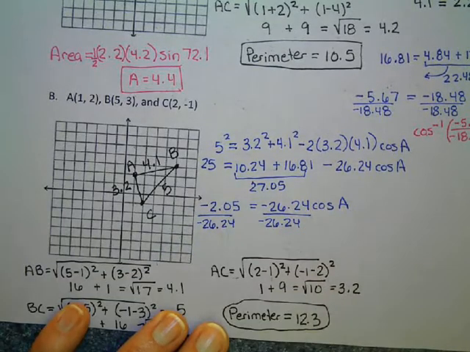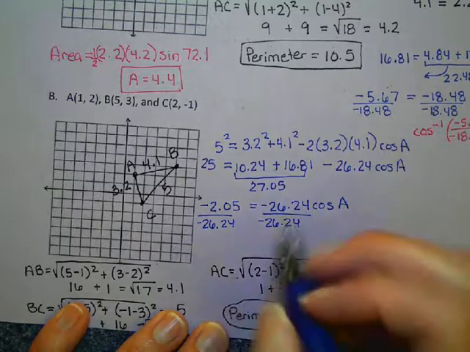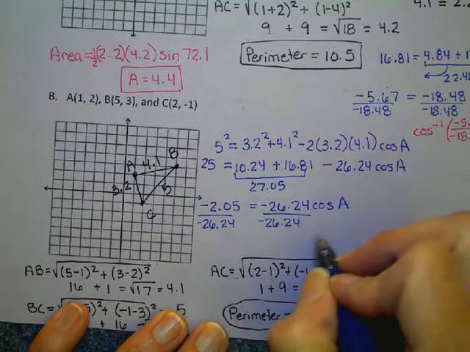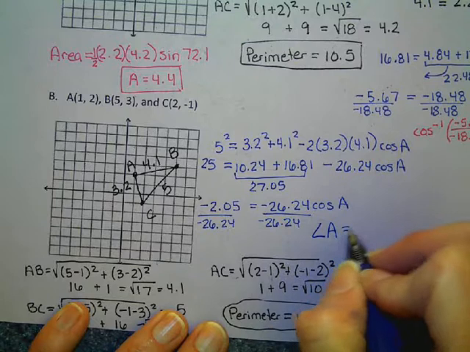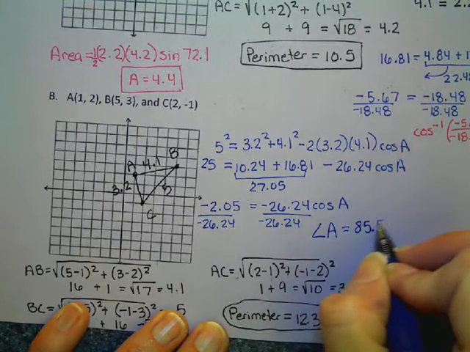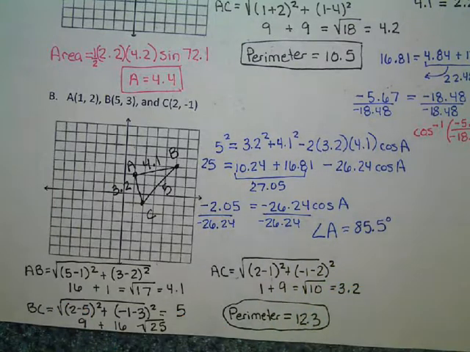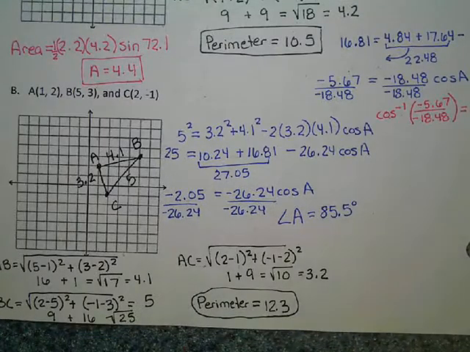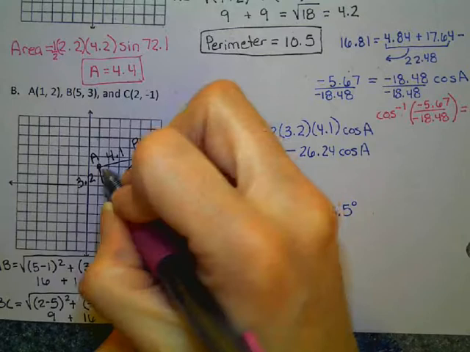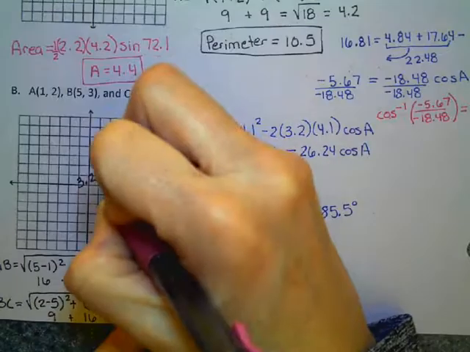Then you divide by the coefficient, divide by the number in front. So you get second cosine, negative 2.05 divided by negative 26.24. So angle A equals 85.5 degrees.